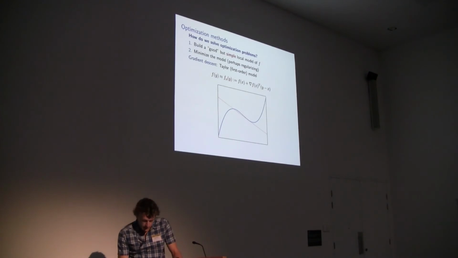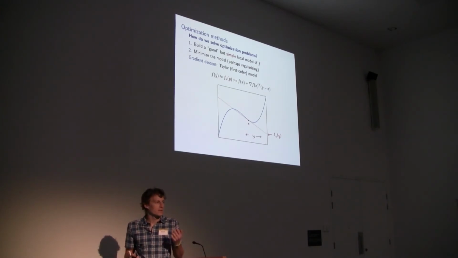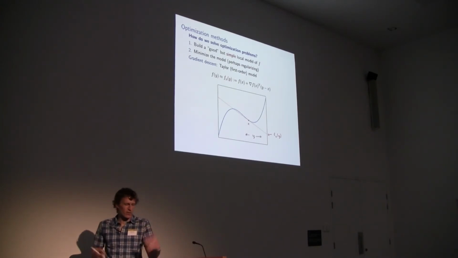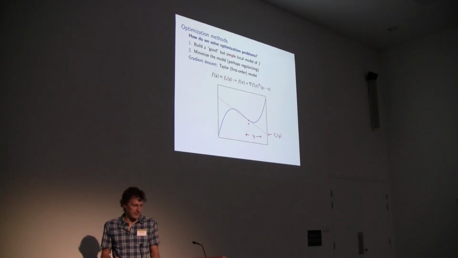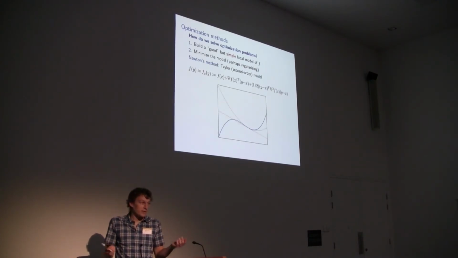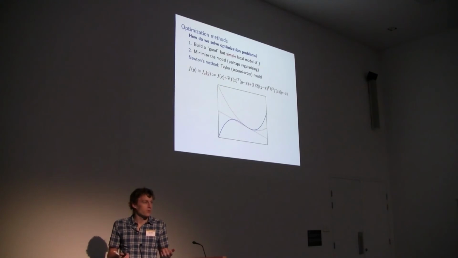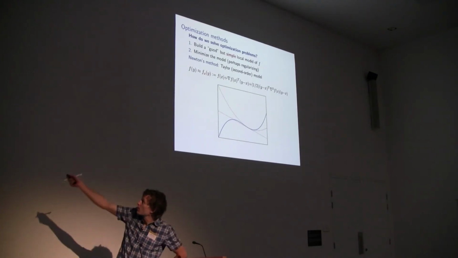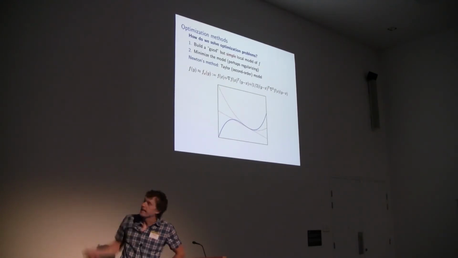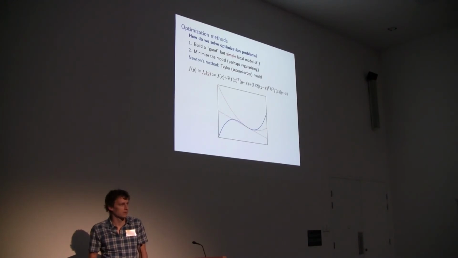Looking here, this point right here is x, and this red dotted line is f_x of y as y moves left to right. So gradient descent makes a linear model, and we often regularize that, and then we minimize it. And Newton's method, of course, makes a second-order expansion. You model your function with a quadratic by doing a two-term Taylor expansion.